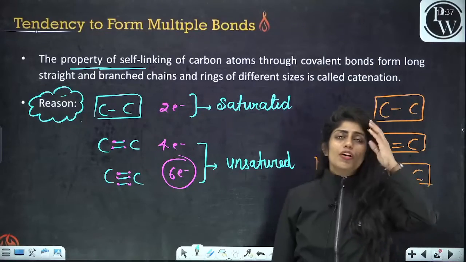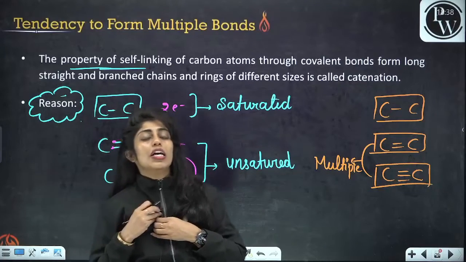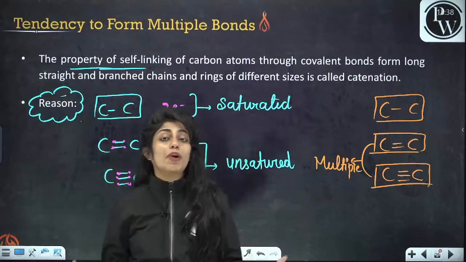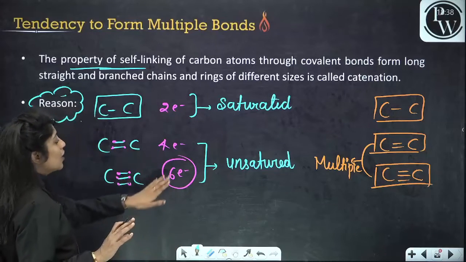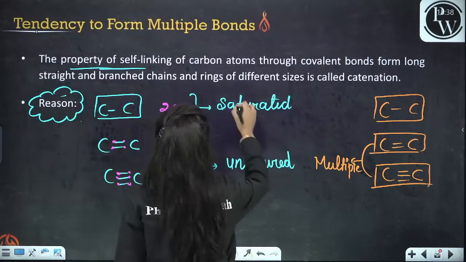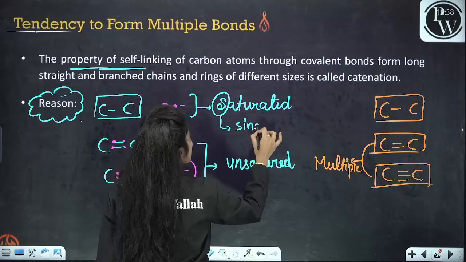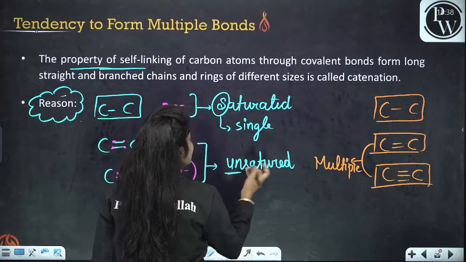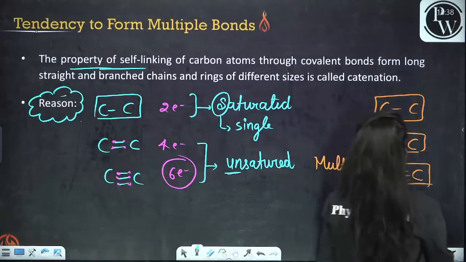Yes, so we are going to understand, if carbon forms multiple bonds with carbon, what kind of compounds they are going to form. Again, the bonding is going to be covalent only, sharing, but single is for saturated. Otherwise, you can learn unsaturated means double or triple bonded carbon compounds.